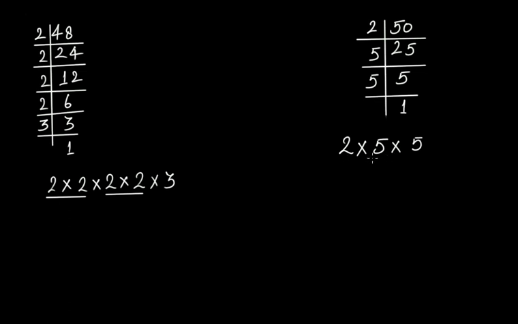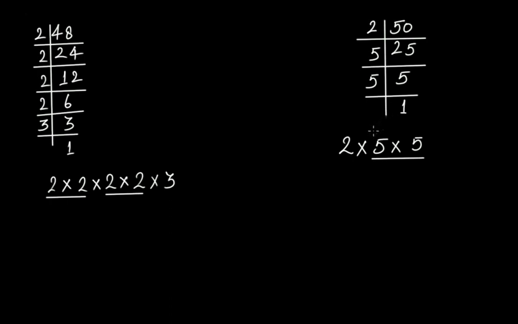Since we have 2 5s, this 5 is in pair, but 2 is not in pair. For a square number, when you do the prime factorization, the prime factors should be in pair. If they are not in pair, it means that number is not a square number. Therefore 50 is not a square number.